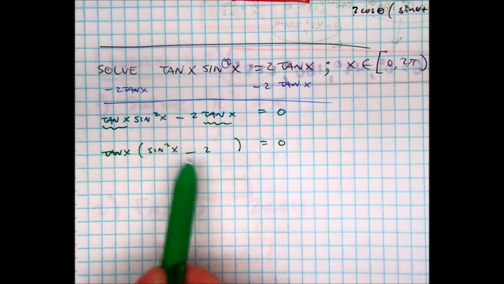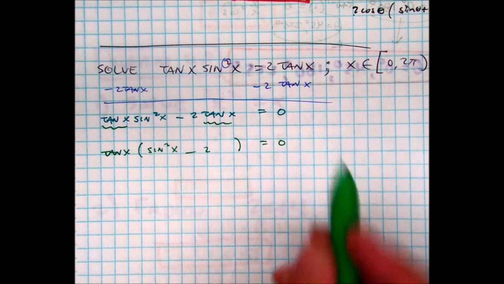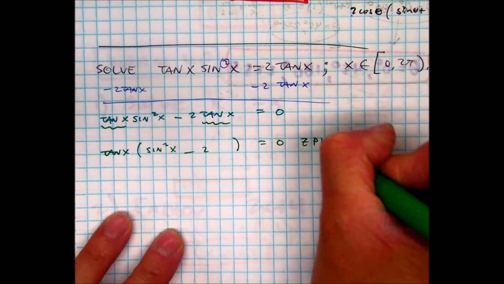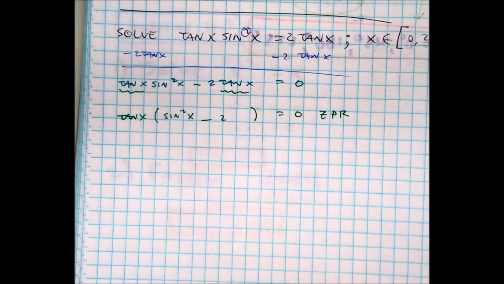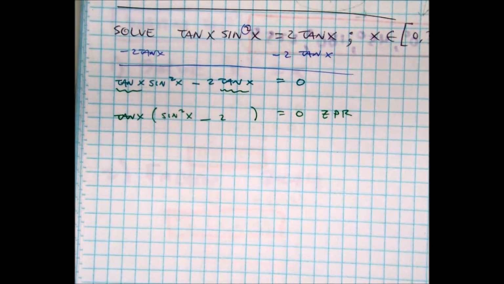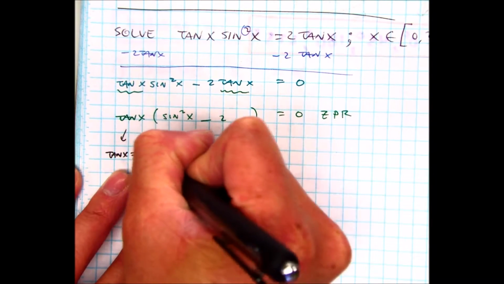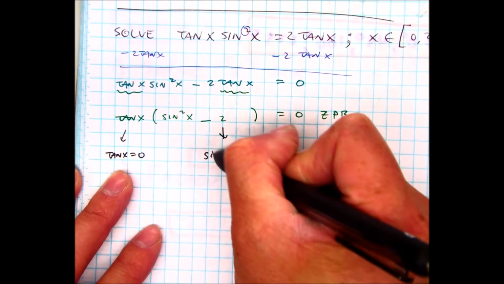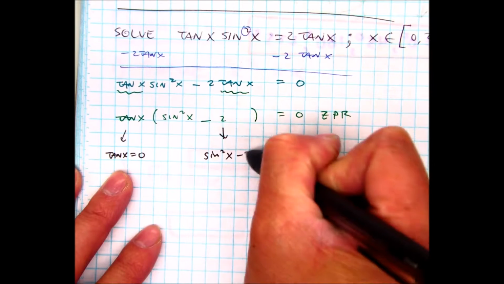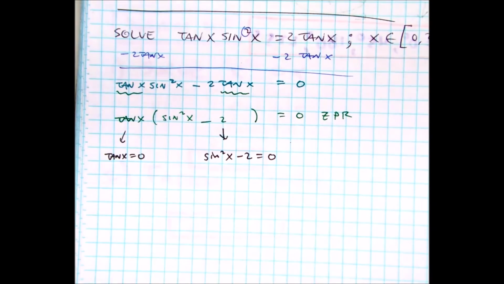Here I have two factors. Now I can just apply the zero product rule. What does that mean? Tangent of x equals 0, and sine squared x minus 2 equals 0.